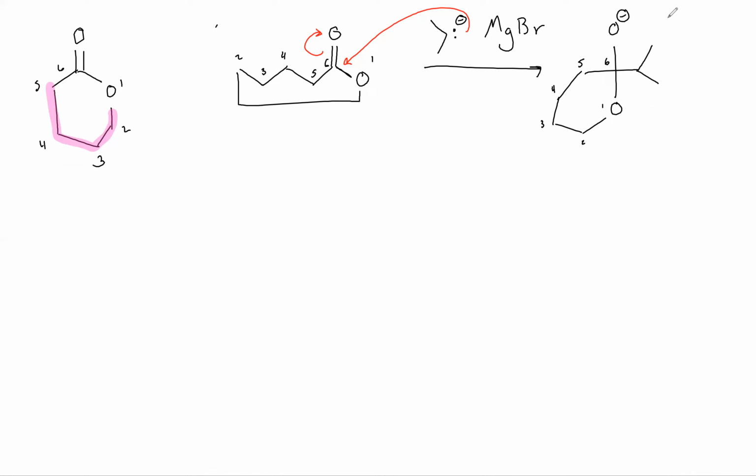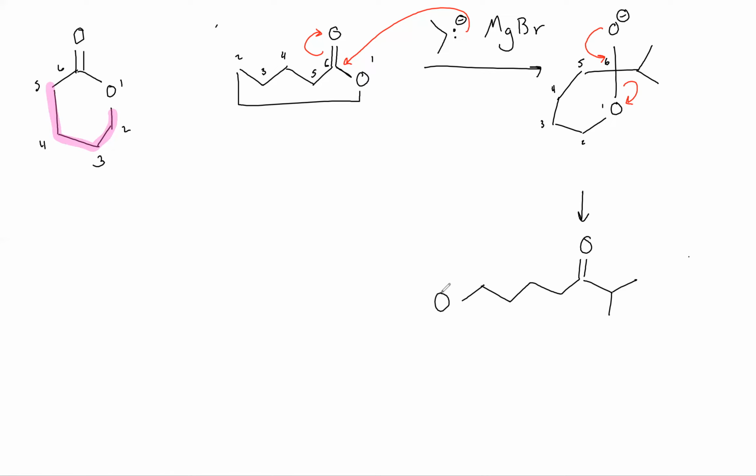Now we know that when we have that OR group, it's going to act as a good leaving group. It's going to leave, and we are going to recreate that oxygen double bond. And so we basically are going to end up with 1, 2, 3, 4, 5, 6.